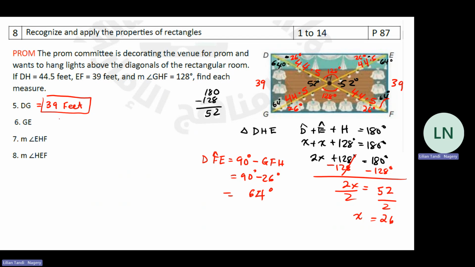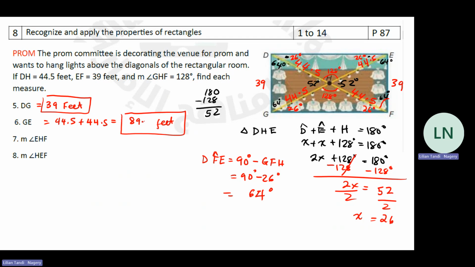GE is 44.5 plus 44.5, giving us 89 feet.